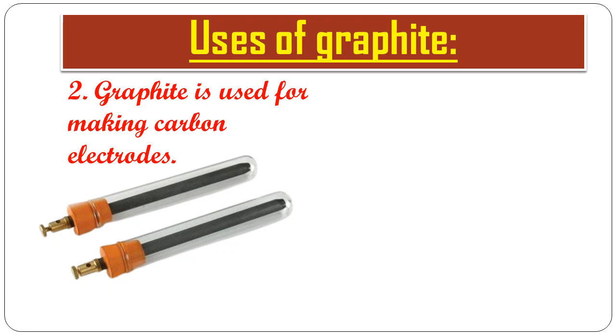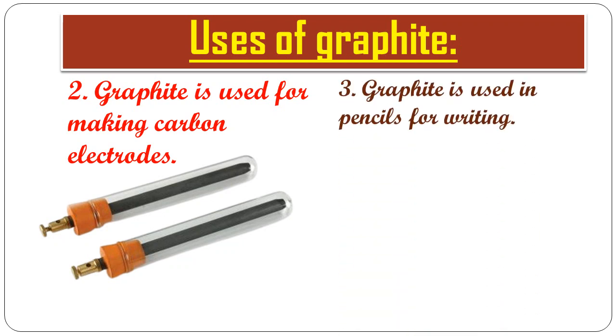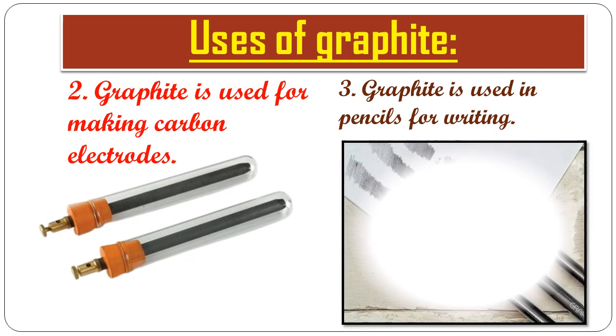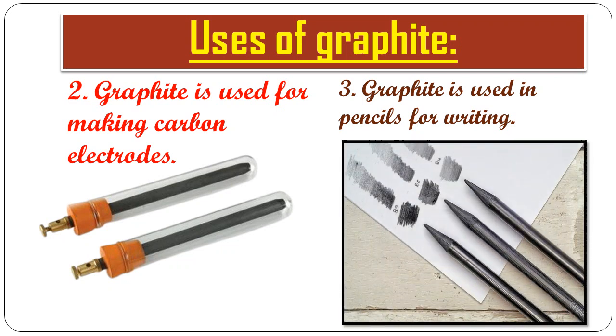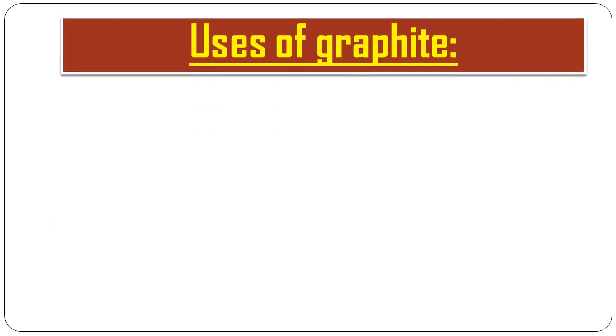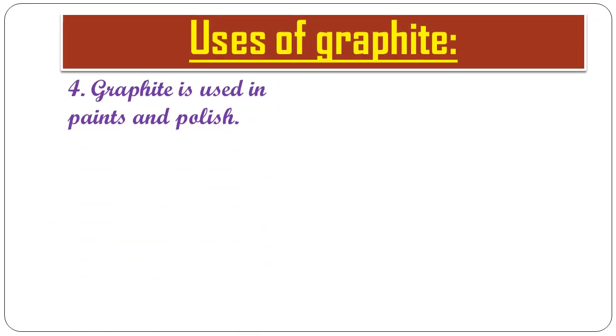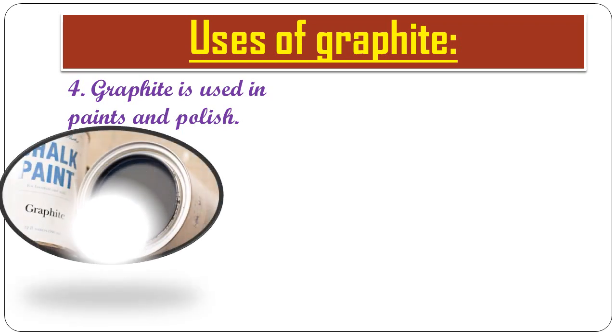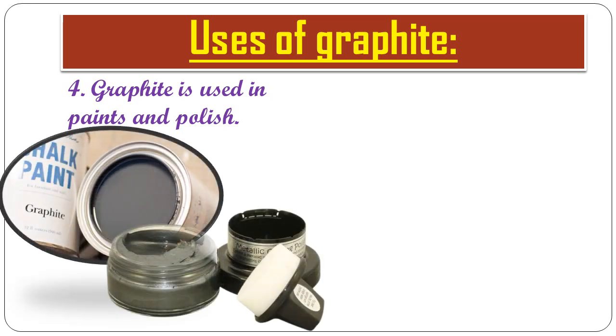We know there are two types of electrodes, cathode and anode. The next use of graphite is in pencils for writing on paper. Graphite is also used in paints and polishes. These are graphite paints and polishes.